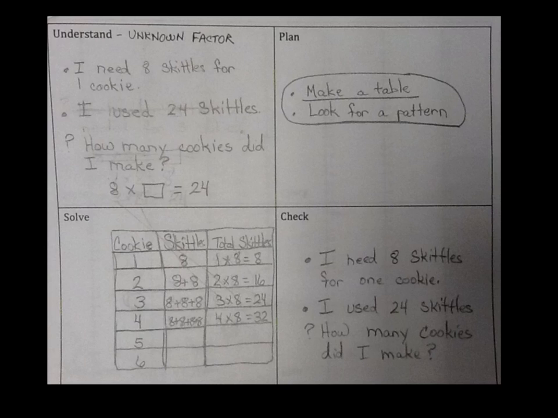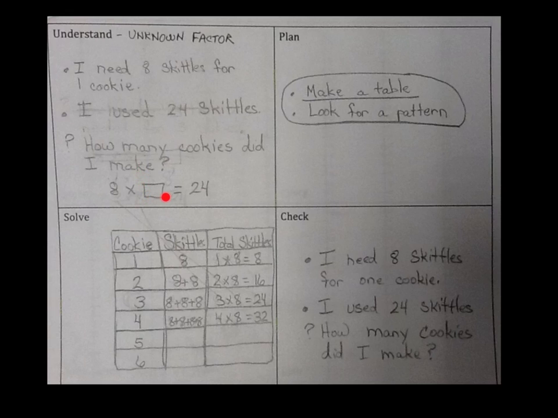Here is an example of an unknown factor problem. I need 8 Skittles for 1 cookie. I use 24 Skittles altogether, so how many cookies did I make? Well, the unknown factor is right here. I have to have 8 Skittles for every cookie times how many cookies equals 24 Skittles altogether.